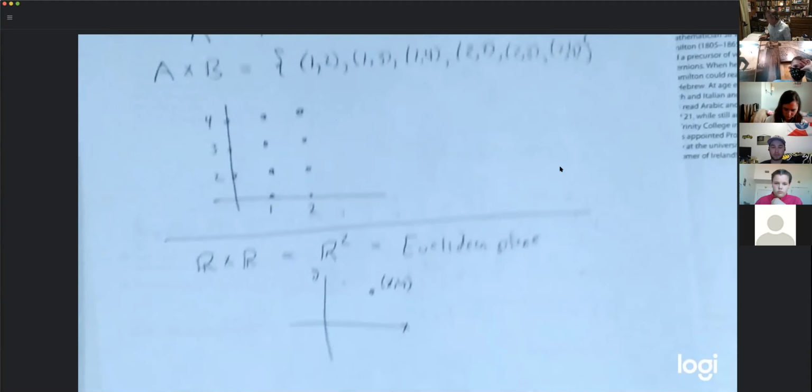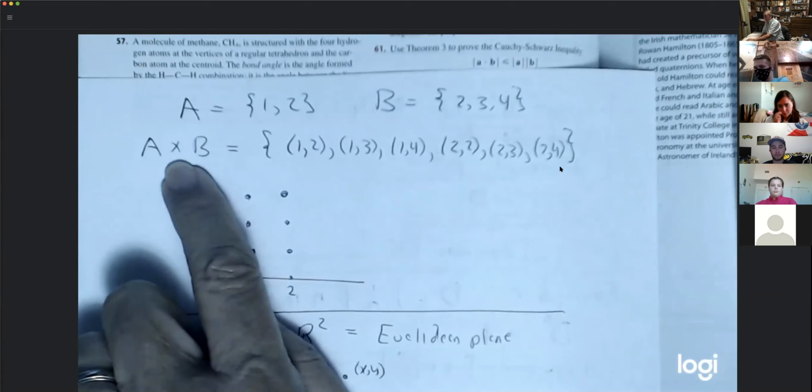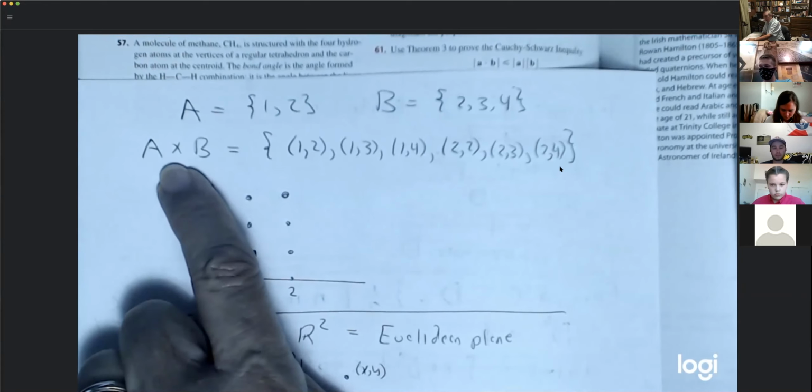And I want to talk about something else now, and I'm going to go back to the other notes, but since I'm on this, I may as well go ahead and say this. One of the things we describe here in the class is the Cartesian product of 2 sets. Now, it's easy in terms of what we mean. We write A X B, this is read the Cartesian product, after the person named Descartes.